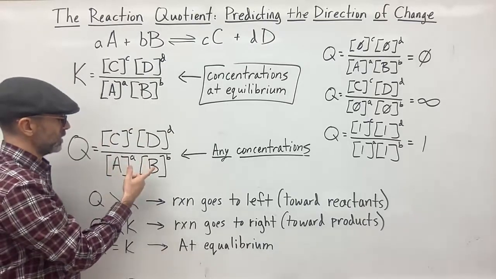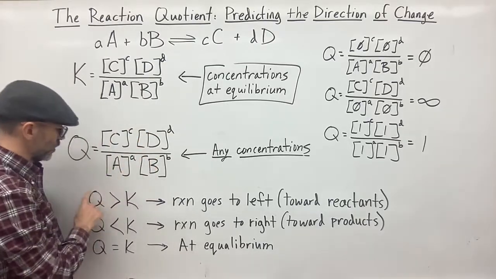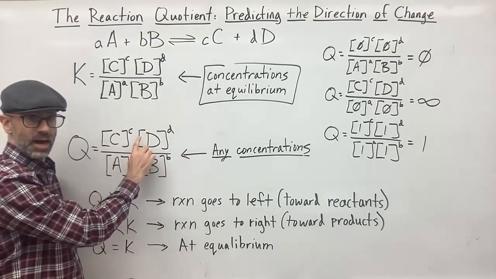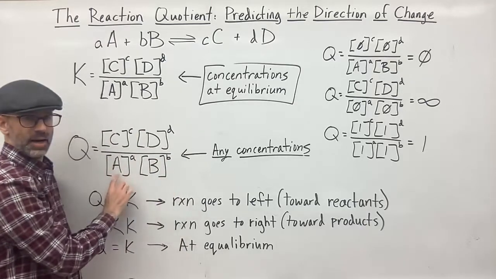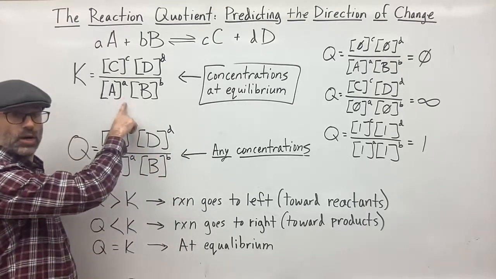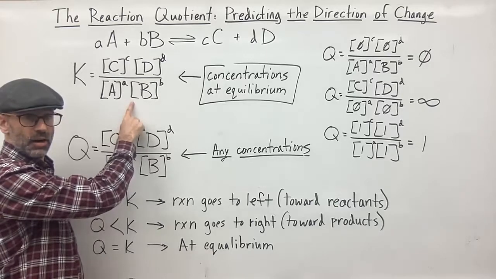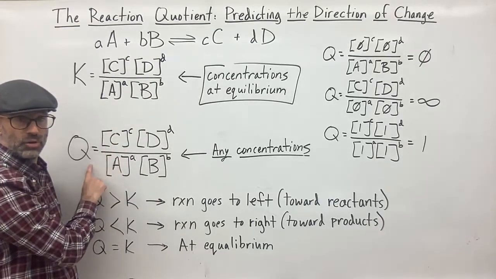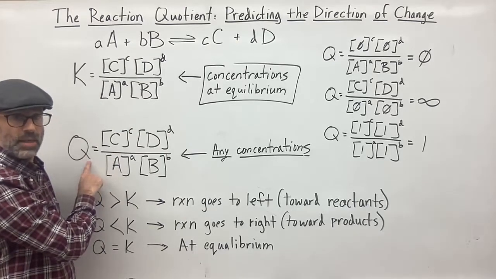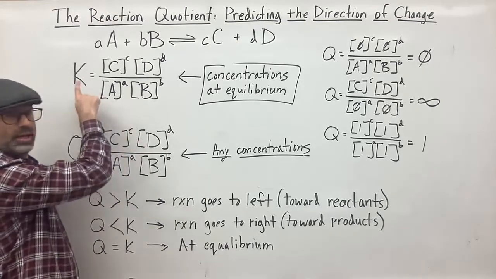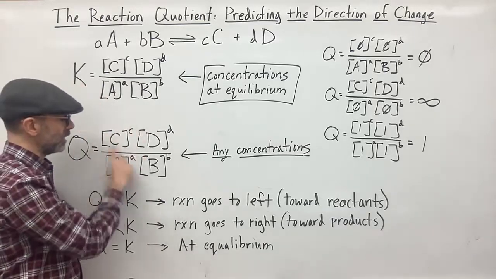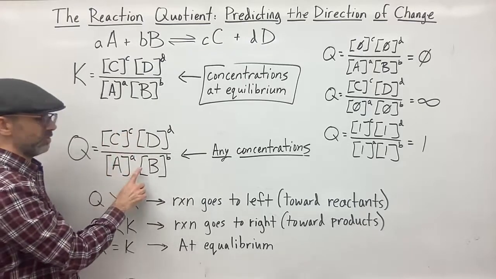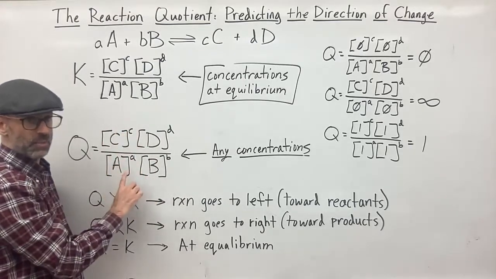So if your quotient is larger, that means you have more product on the top and less reactant on the bottom compared to where you would be for the equilibrium constant. If your Q value is too large, then in order to get to your K value, you have to decrease the amount of product because it's too much, and increase the amount of reactant because it's too little.